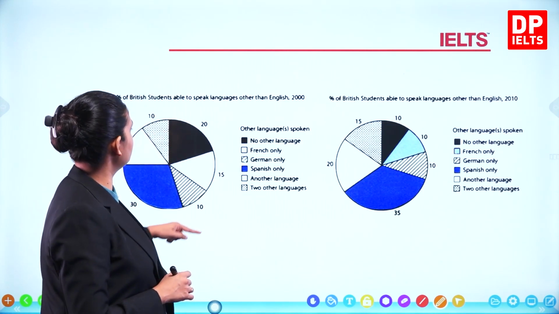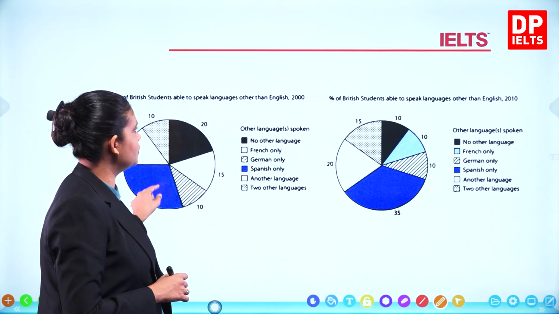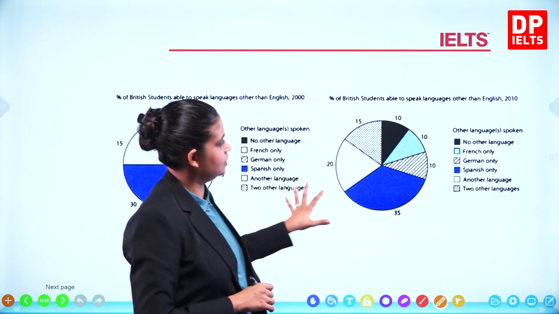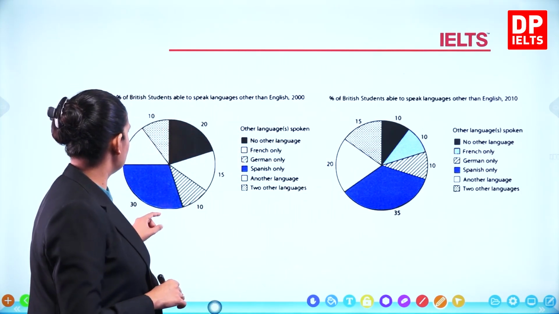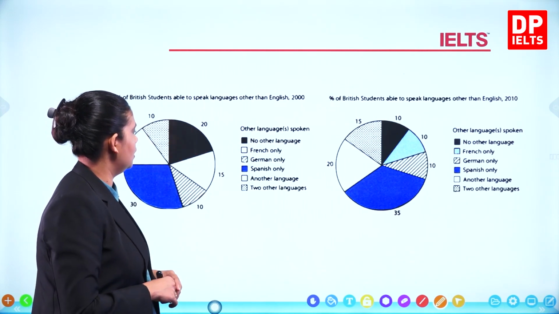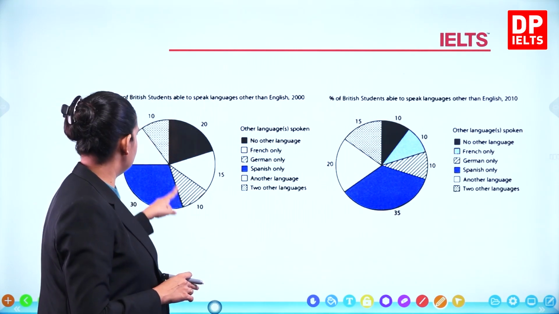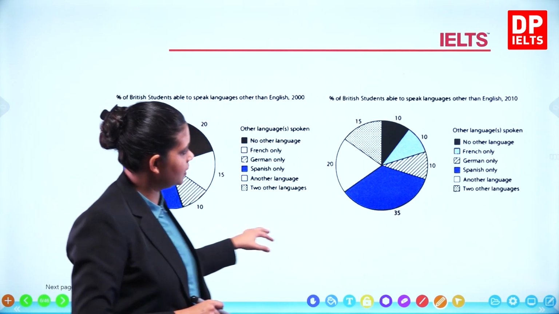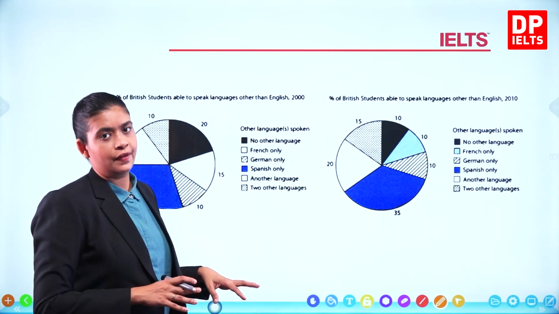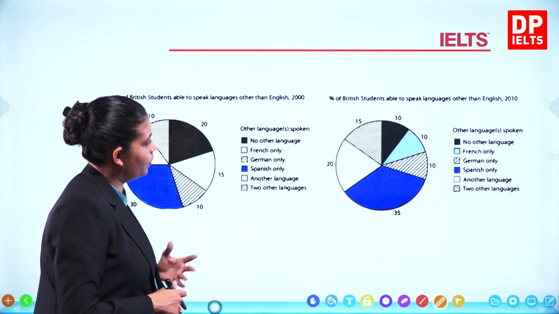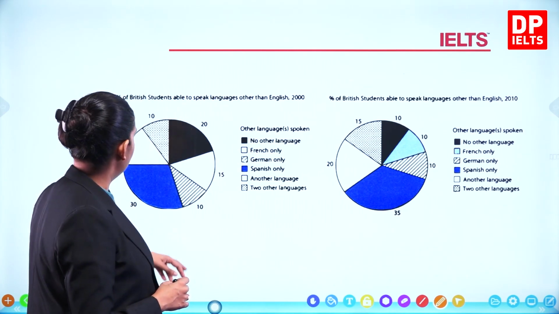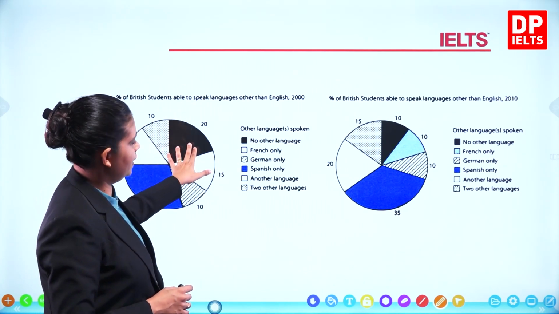The percentage of British students who were able to speak other languages than English in 2000, and this is in 2010. So it's a percentage, so 20% no other language, 30% Spanish, here as well Spanish. So in 2000 and 2010, the highest proportion was for Spanish, and then in 2000 it was no other language.